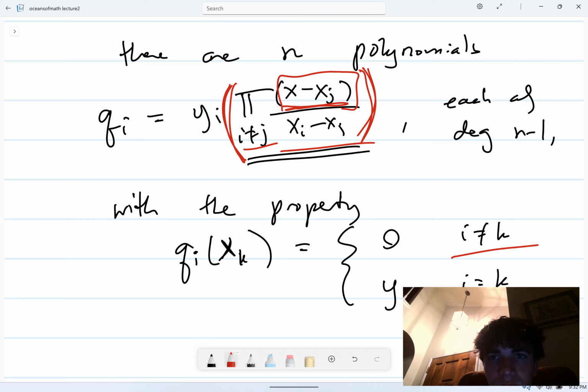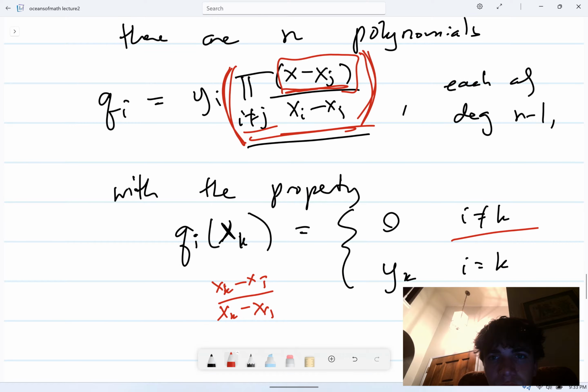And then the denominator ensures that when i equals k, I get x sub k minus x sub j over x sub k minus x sub j. And so this denominator normalizes the polynomial when it's non-zero, so that this thing goes to 1. And when it goes to 1, we're just left with the surviving term y sub i.